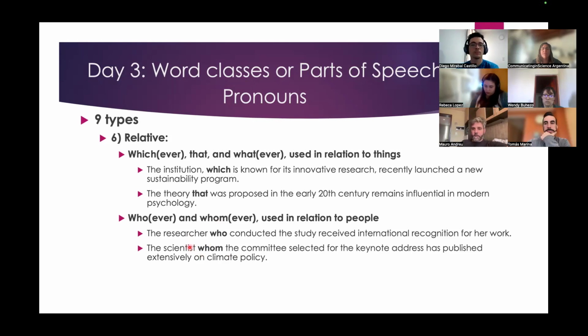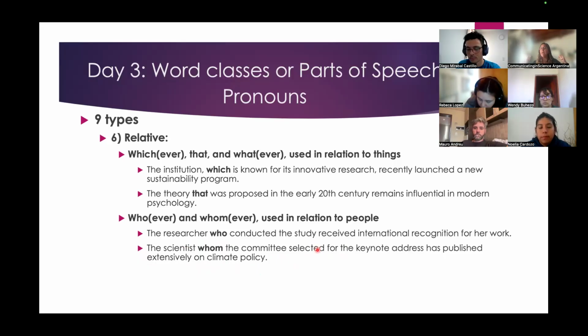The scientist whom the committee selected for the keynote address has published extensively on climate policy. I'm adding information about this scientist, but I'm referring to the scientist as someone who received an action from someone else.